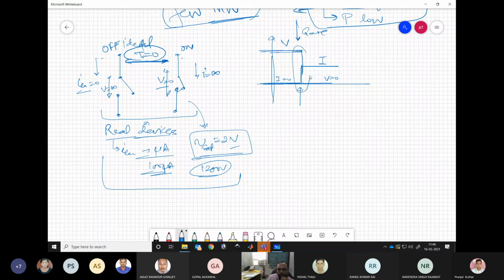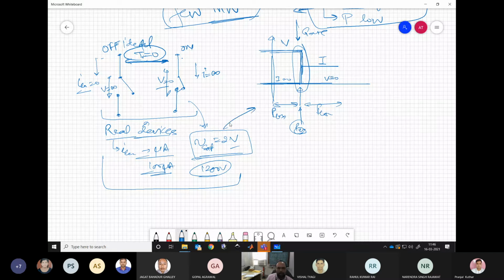There is no transition time, no delay time, and hence the power loss here is 0, and power loss at this instant is also 0. This instant itself is very, very small, tending to 0.